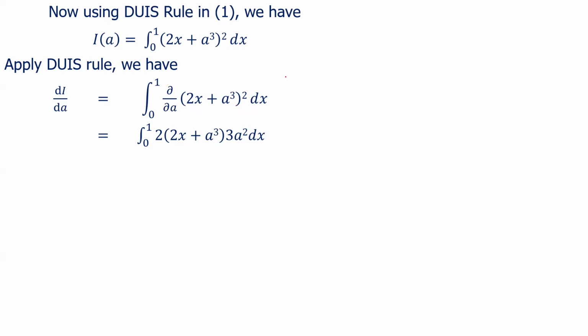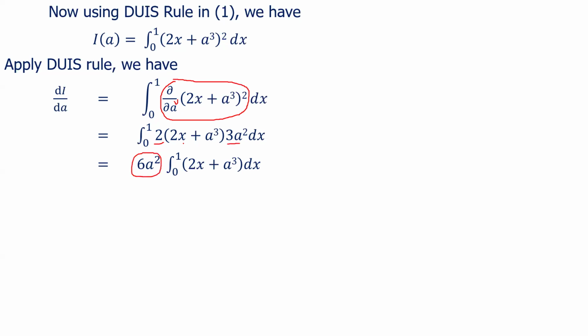So this is the value of the partial derivative of (2x plus a cube) whole squared with respect to a. Taking 2 and 3a square together, we can take 6a square outside.